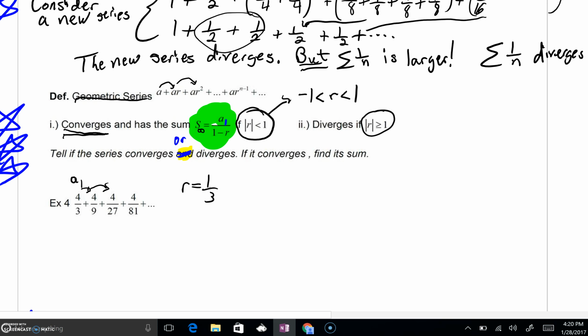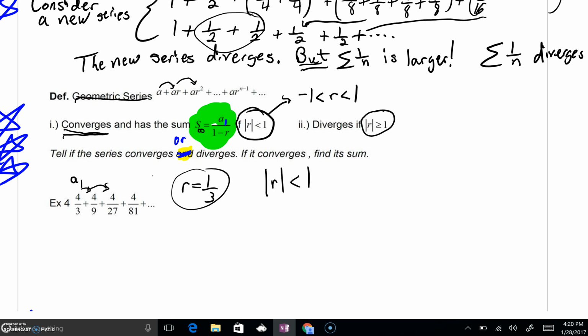So you would quickly see that r is equal to 1/3. Now you're going to know that the absolute value of r is less than 1. That means that your geometric series, because each successive term is found by multiplying by 1/3 on the previous term, we're going to add that up forever.